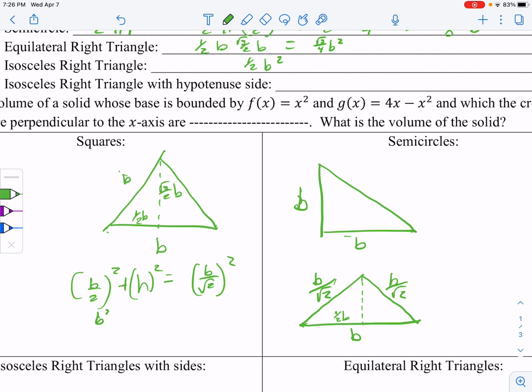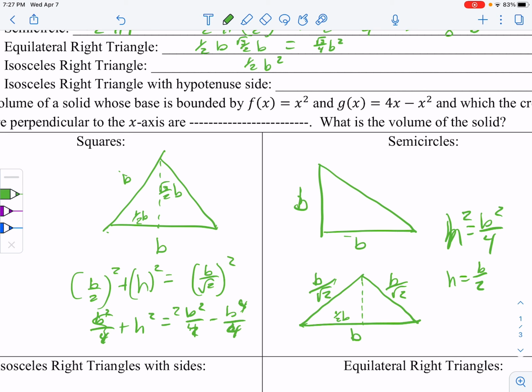So b squared over 4 plus h squared equals b squared over 2. If I subtract b squared over 4, I get b squared over 2 minus b squared over 4, which is b squared over 4. So h squared is b squared over 4, so h is equal to b over 2. Oh, that was complicated, wasn't it?